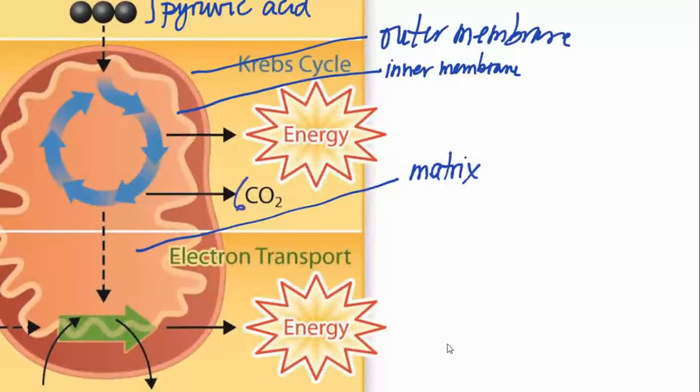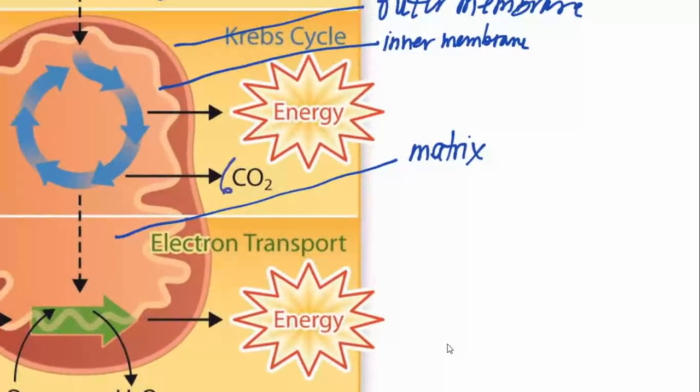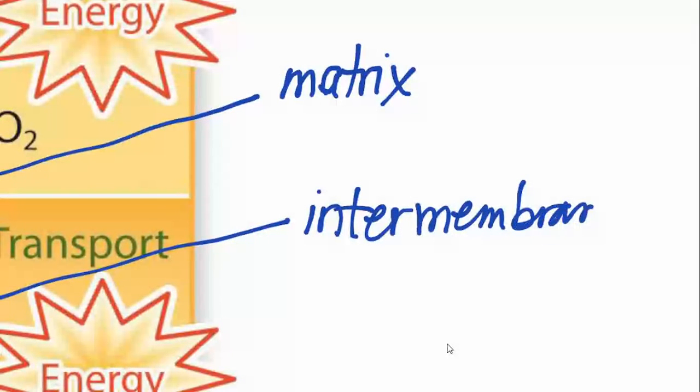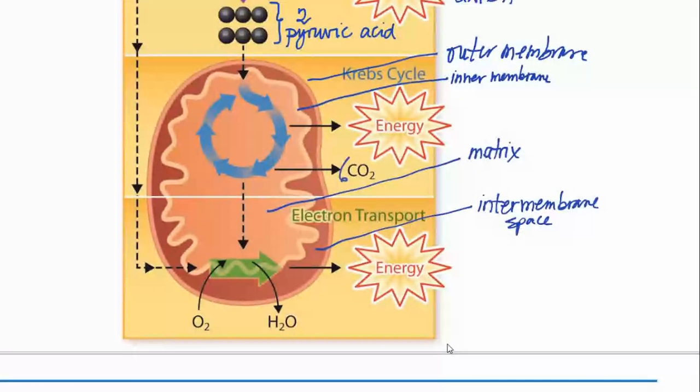And then finally, there's a space we're going to talk about that is functionally similar to the space inside the chloroplast's thylakoid, and that is the space between the inner and outer membrane that we are going to call the intermembrane space. Okay, so these are the 4 areas that are of interest in the mitochondrion for the purpose of talking about cellular respiration.